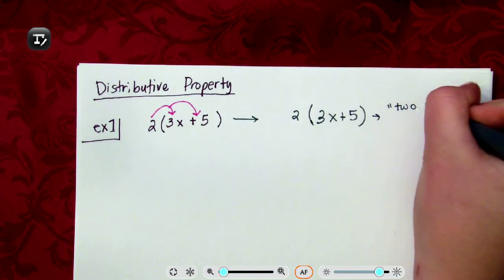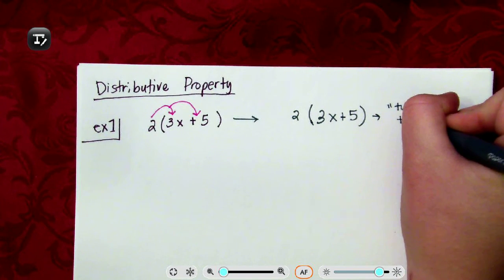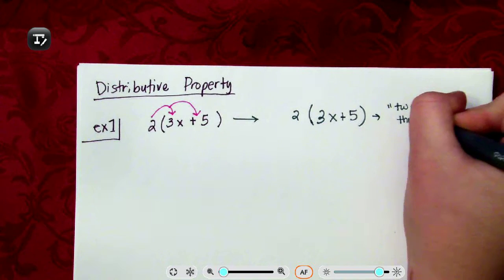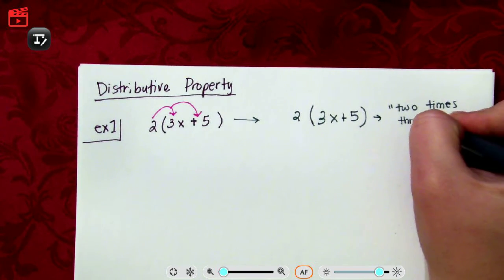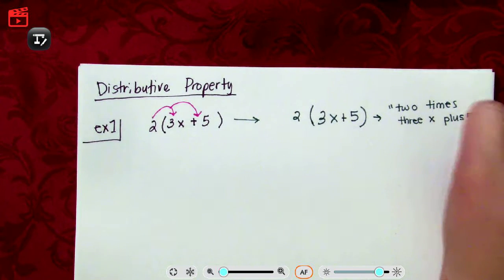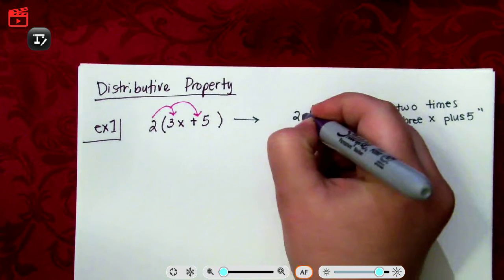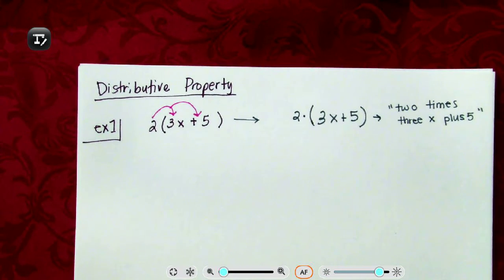This is 2 times 3x plus 5. So again, mathematicians are lazy. So because we are so lazy, there's a multiplication symbol right there that we don't want to write.